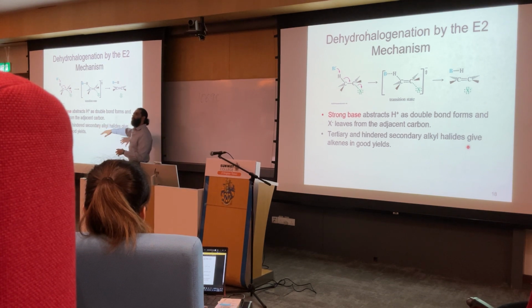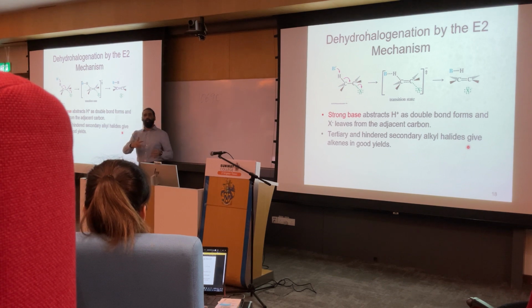So primary alkyl halides would mean that next to the atom where the halogen is attached is only one other carbon. When we have two other carbons attached to the carbon where the halogen atom is attached, that will be a secondary alkyl halide. And when we have three other carbons attached to the carbon where the halogen atom is attached, that would be a tertiary alkyl halide.